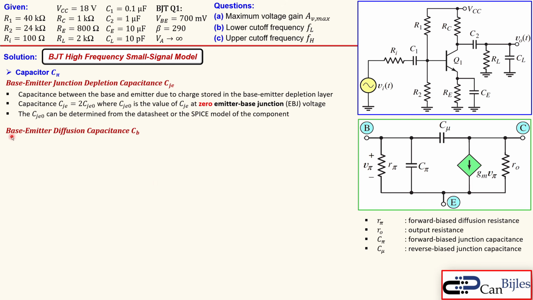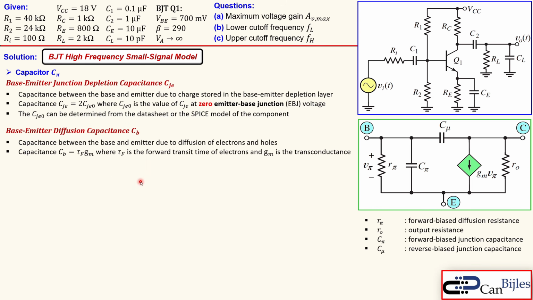In addition, we have the base emitter diffusion capacitance, because this is the depletion, but you also have diffusion capacitance. That's called CB, and that is, again, added into C pi, and that is given by the forward transit time, tau f, and the GM, we know that's the transconductance, and those two will determine the CB.